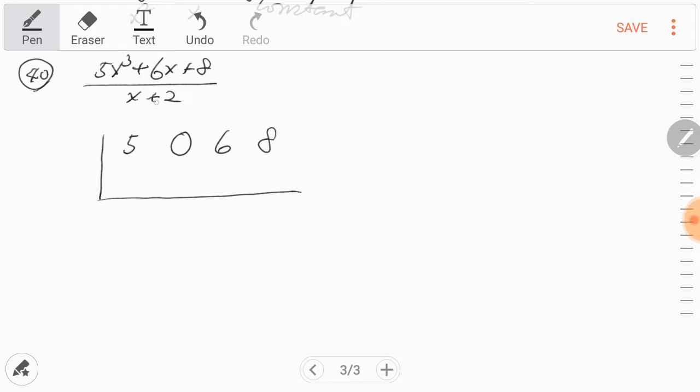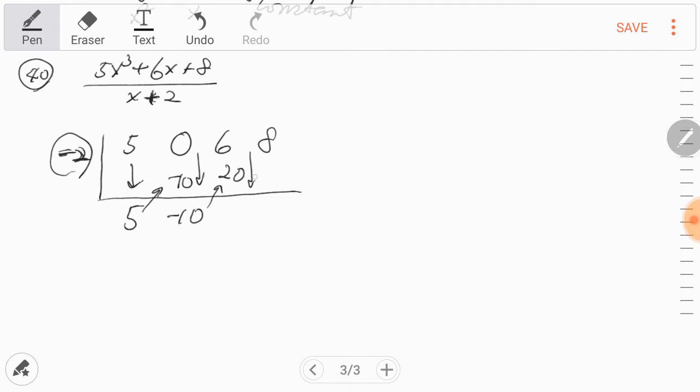And how about the divisor? This is x plus 2. Since this is plus 2, we need to put -2. And then bring 5 down, multiply -2 and 5, that is -10. Add these two numbers, -10. Multiply -2 and -10, that's +20.